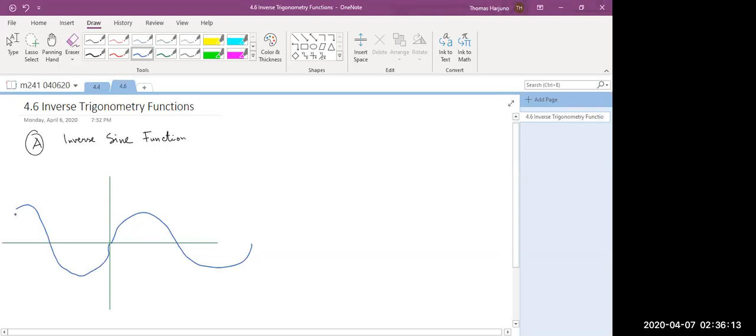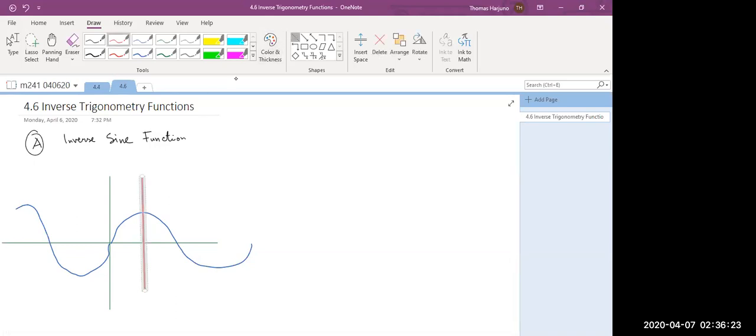Now, for us to make it a one-to-one function, we will do something called restricting the domain, in which I restrict the domain from negative pi over 2 to pi over 2.